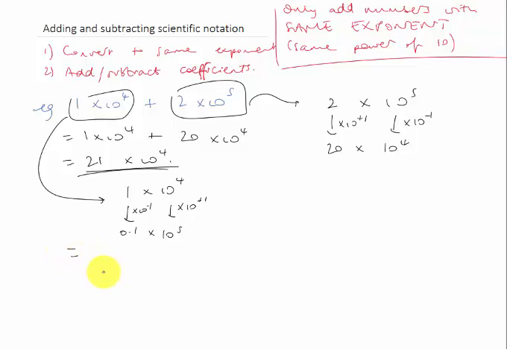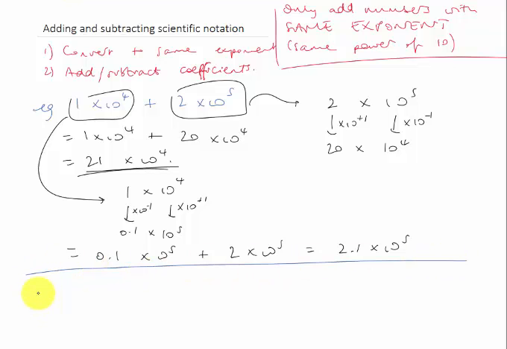So this is therefore 0.1 times 10 to the 5 plus 2 times 10 to the 5, so that is 2.1 times 10 to the 5, which is the same as 21 times 10 to the 4. Those are the same.